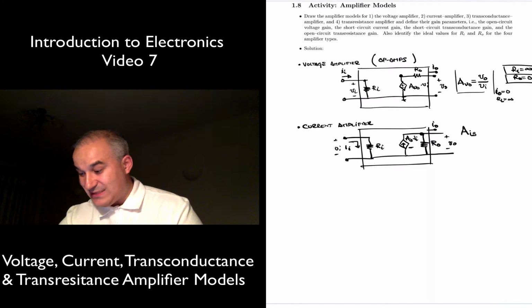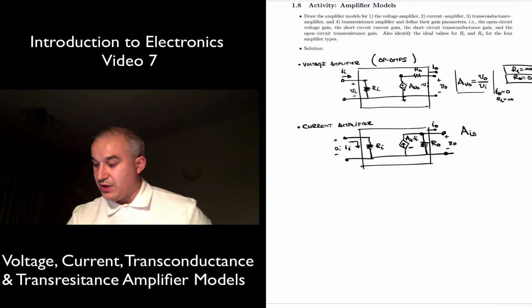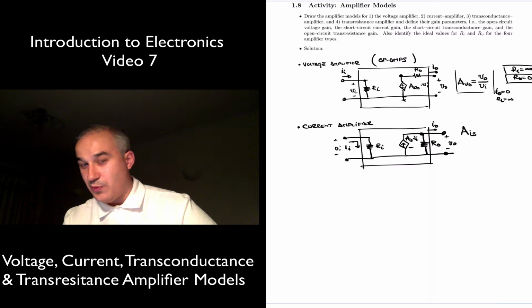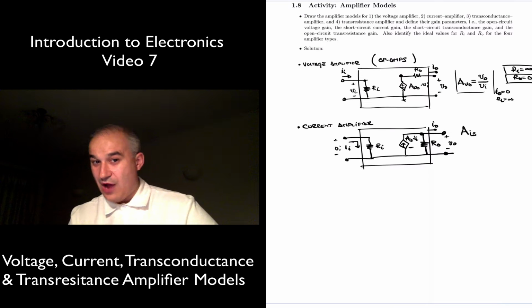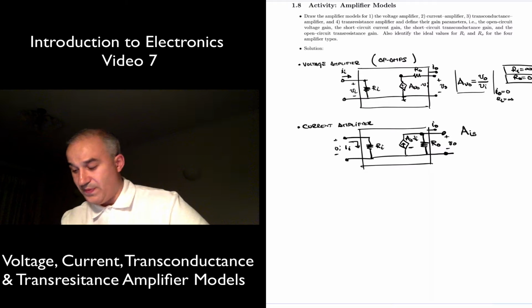So maximum output current, in this case, is if you short circuit the output, these two nodes here and here, right? That is where you have the maximum amount of current going to the output node. Similar to the voltage amplifier, to have the maximum voltage, you will need to open the circuit.